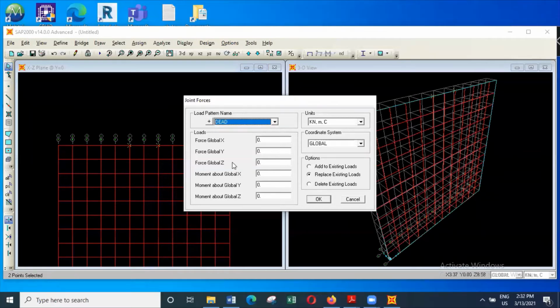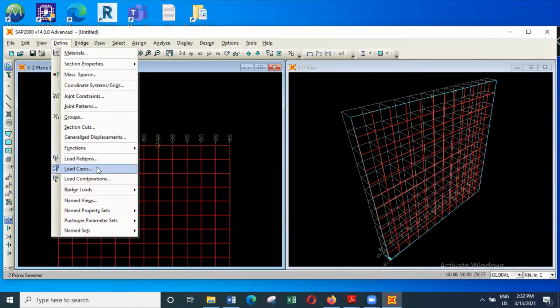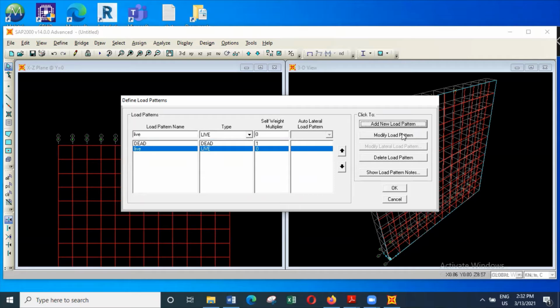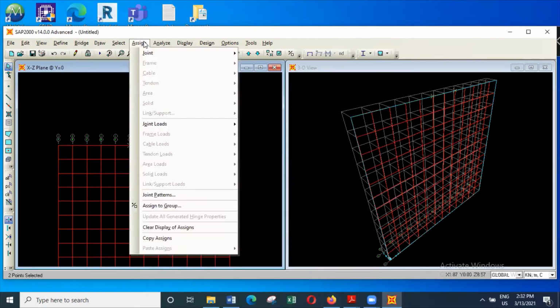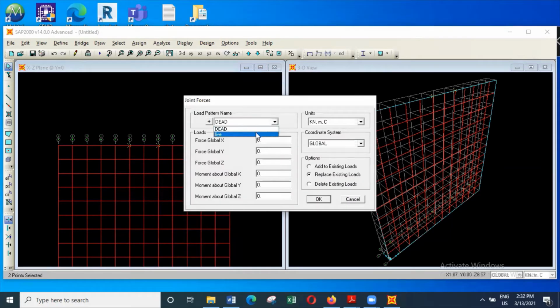I have only the dead load case, so what I do is I will define another load case. We call it live, and so what we do is we will assign joint loads at these 2 locations of magnitude minus 750.